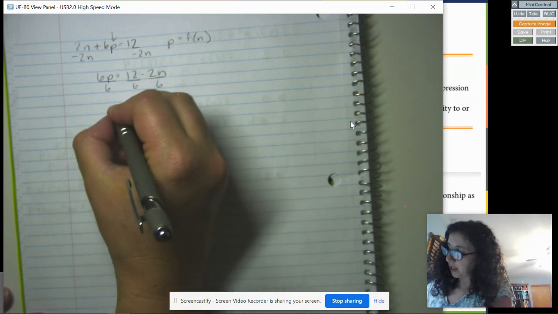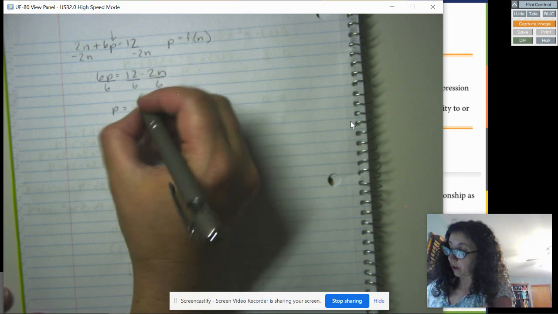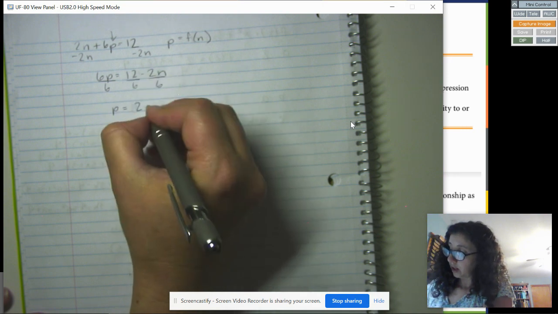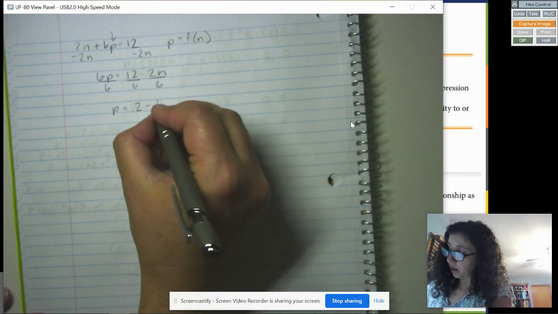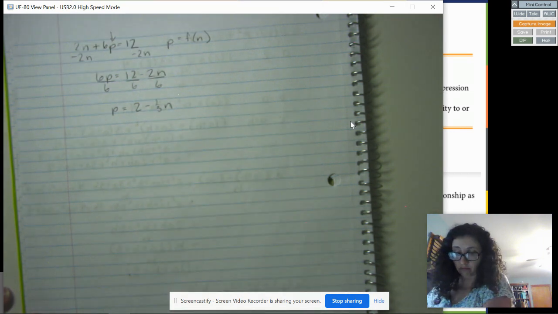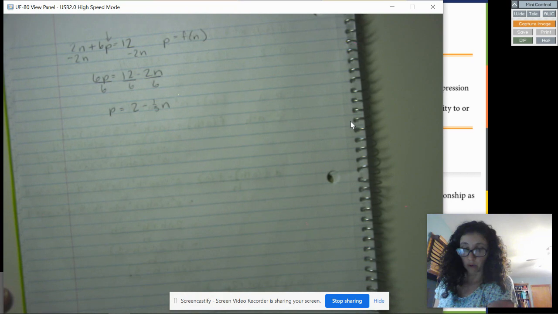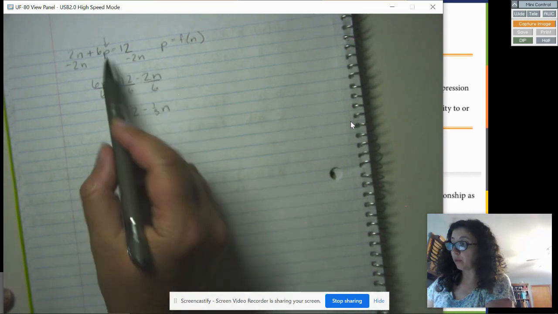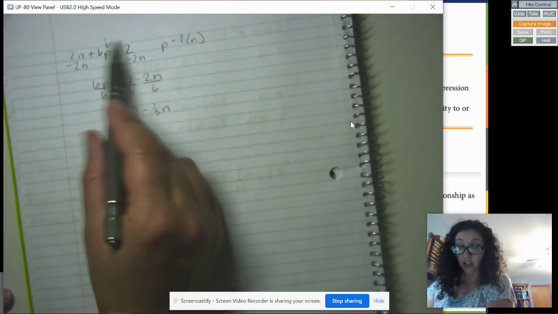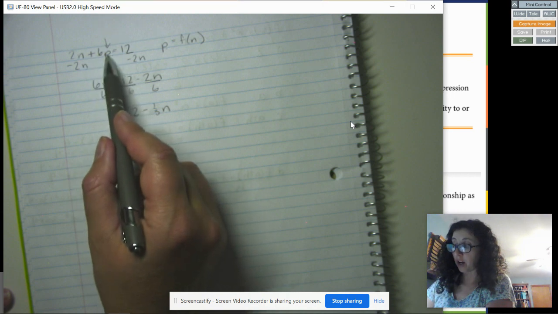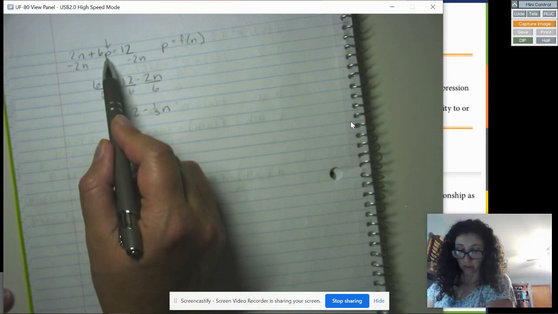So we're going to have p equals, 12 divided by 6 is 2, minus 2n over 6, which we could simplify as 1/3 n. That's what we mean in that example when it says to express this relationship as a function. We want to isolate the output variable.